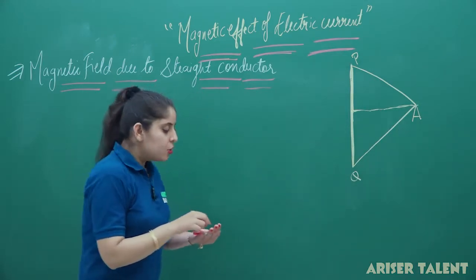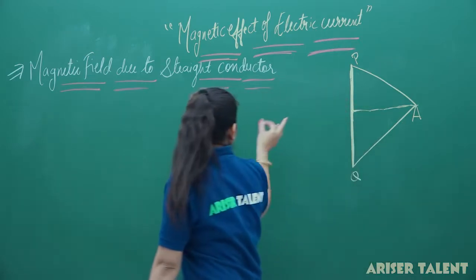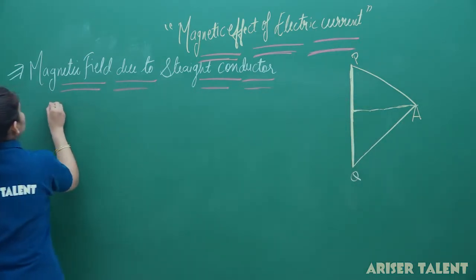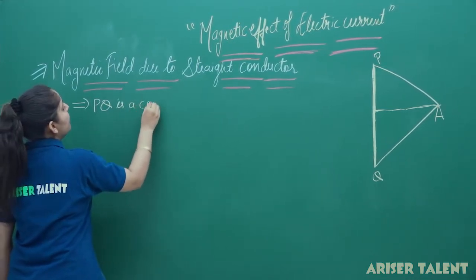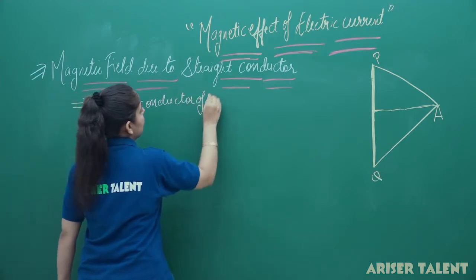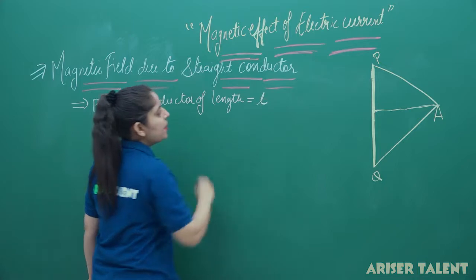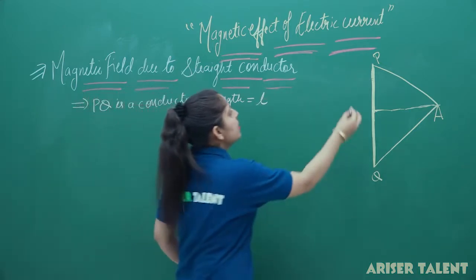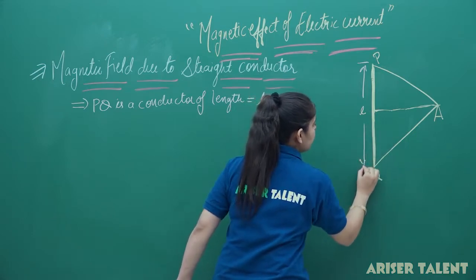I am saying that our conductor is PQ, a conductor of length L.